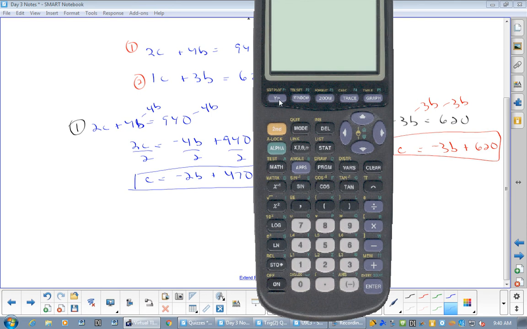So y equals, okay, negative 2, I'm going to clear this, sorry, because negative 2, now I know we say b, but there is no b on here, it's my x, plus 470. The next one is negative 3x plus 620.